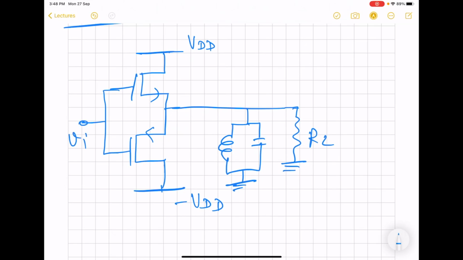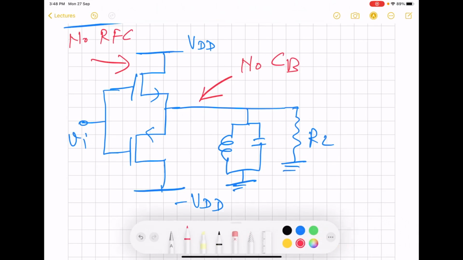And then of course here you can note that there is no RFC, and actually no CB is also needed here. So these are the two additional modifications in this push-pull version of the circuit.